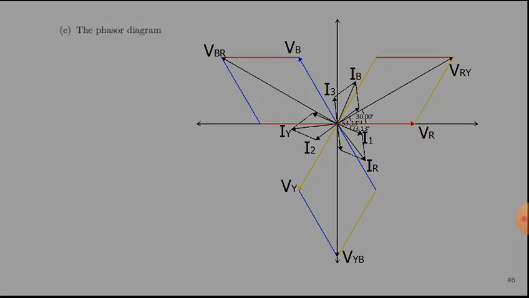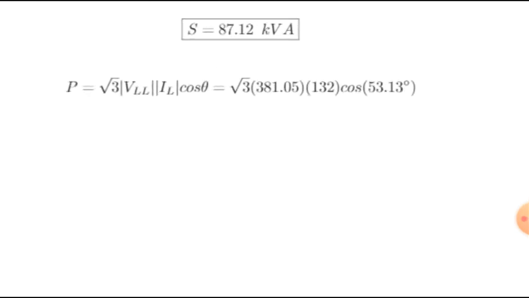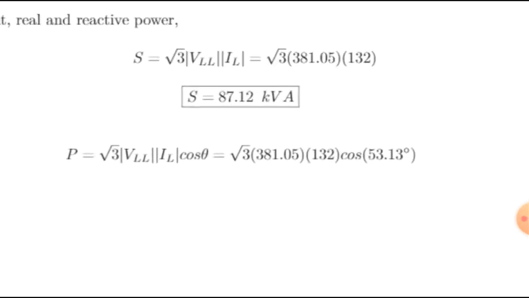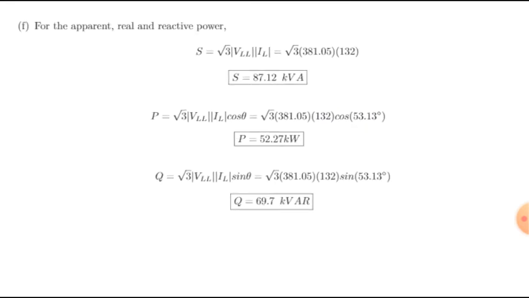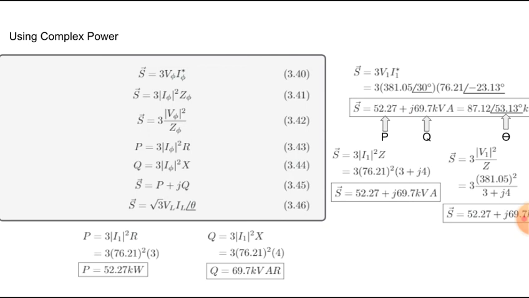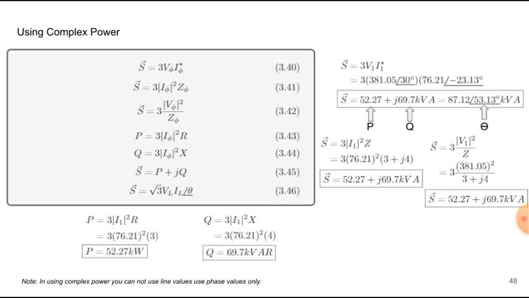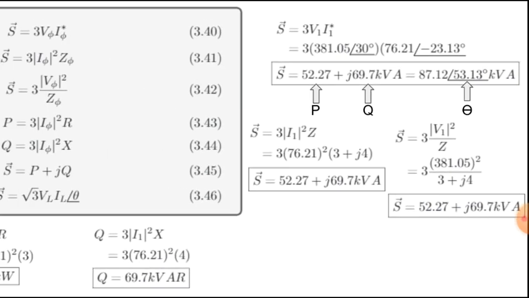So if we want to solve for the power, here you need to use 53.13. So the power will be this one and Q will be this one. This is without using the complex power. You can use the phasor diagram. But if you want to use the complex power, it's the same value.